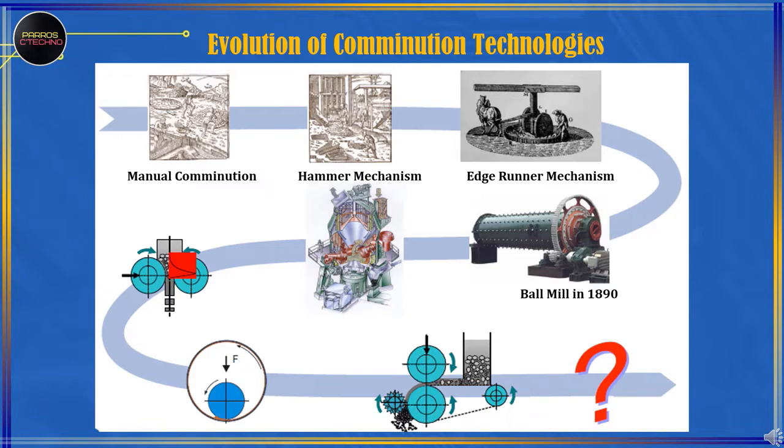Then, in 1930, a material milling machine began to be developed with the basic elements of compression and friction, namely using a table and a rotating roller, and later called the vertical roller mill. Furthermore, in 1980, another material milling machine was developed with the basic element of compression, which uses two rollers that rotate in opposite directions, and is called a roller press or high-pressure grinding roller.